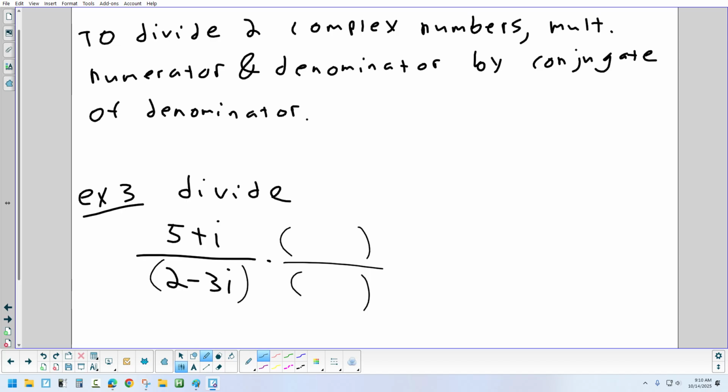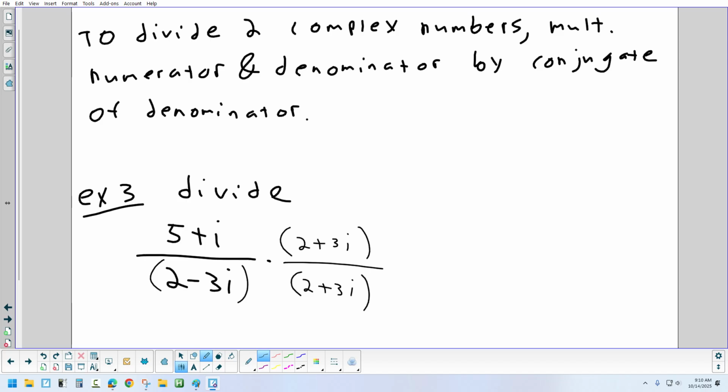So 5 minus i. So we want the conjugate of what? The 2 plus 3i. Yes, conjugate of the denominator. So the conjugate would be 2 minus 3i. Now, because you're multiplying conjugates in the bottom, eventually when you do enough of these, you start to notice a pattern.